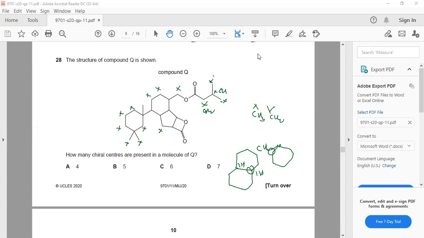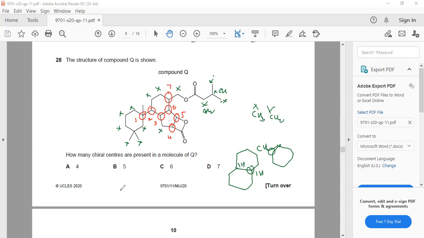Then how many are chiral? One, two, three, four, because this side is different, this side different, this side different. Five, six, and one more, this is seven.